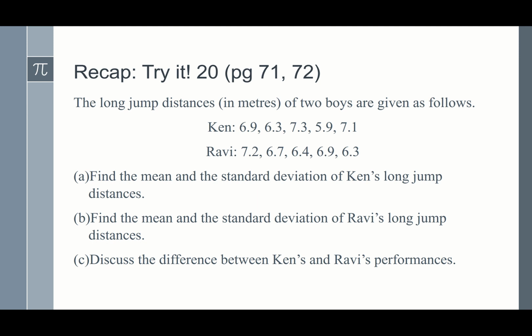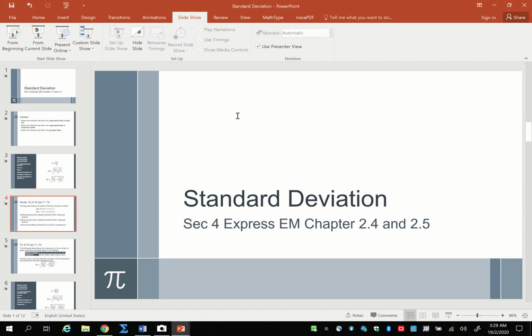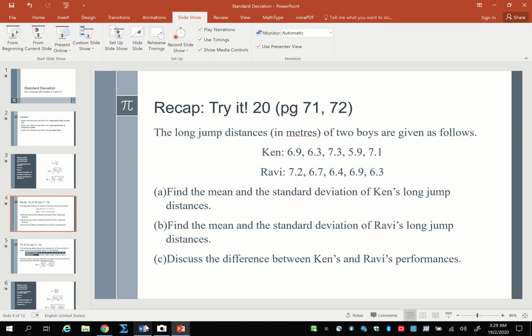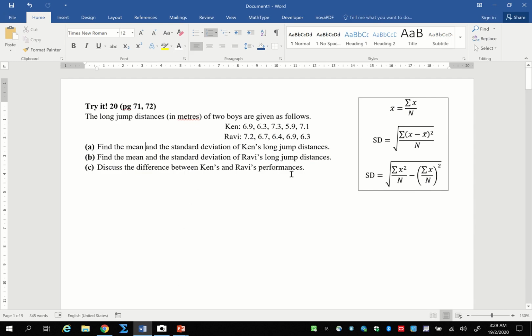The key thing to note here is that the lower the standard deviation, the better, or rather the more consistent your results are. So we will use that to answer part C on discussing the differences between Ken and Ravi's performances. So without further ado, let's go through this together.